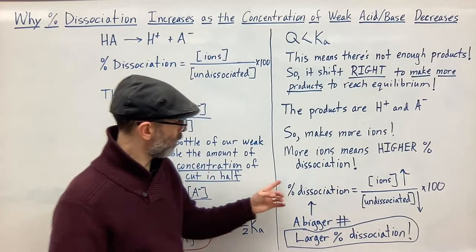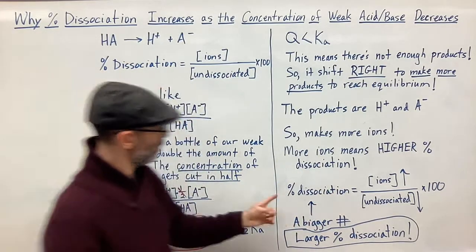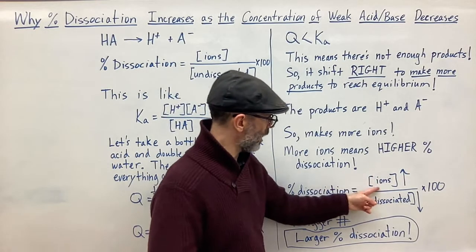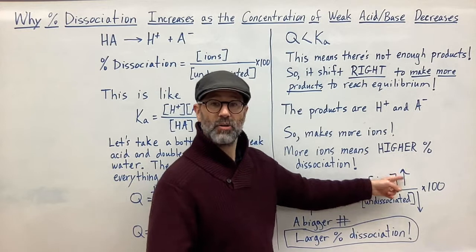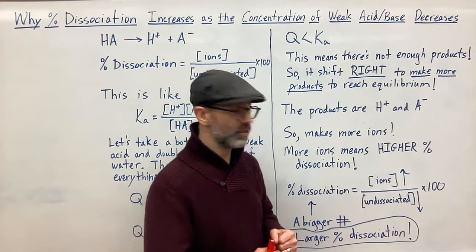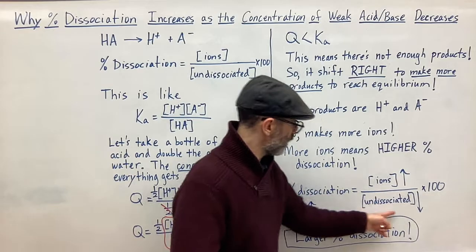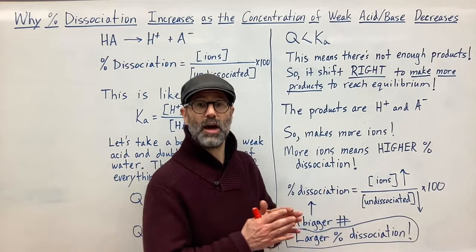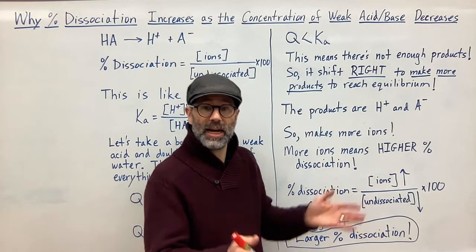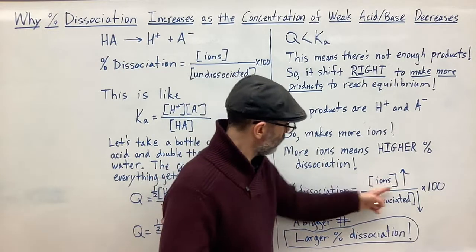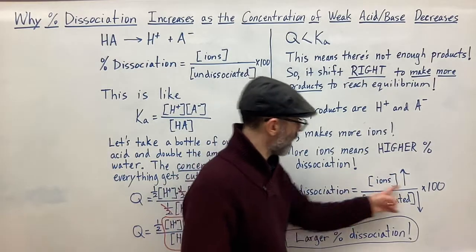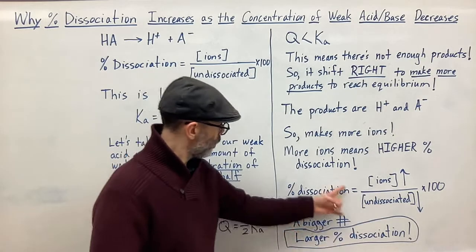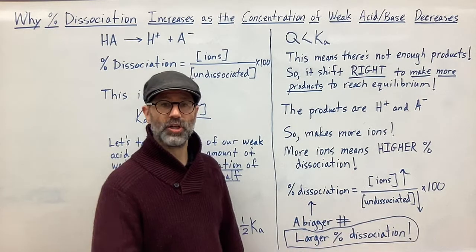And so if we look at our equation again from here, our percent dissociation is going to be equal to the concentration of our ions, which is increasing, right, to make more product. And our undissociated concentration is going to decrease because our undissociated is now going to dissociate or ionize more. And so if our numerator is increasing and our denominator is decreasing, then that means that this percent dissociation is going to go up.